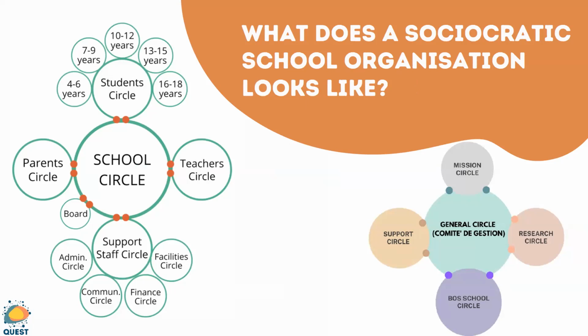sociocratic structure. So which kind of circles would you have? How many operational circles? Would they be divided into sub-circles because maybe there are many people, or because there are specific tasks? Do you have already a general circle? Will a mission circle be a board? Who will be there?